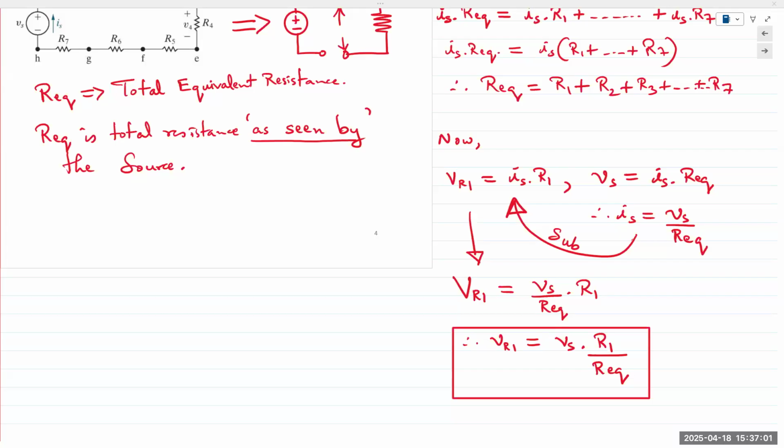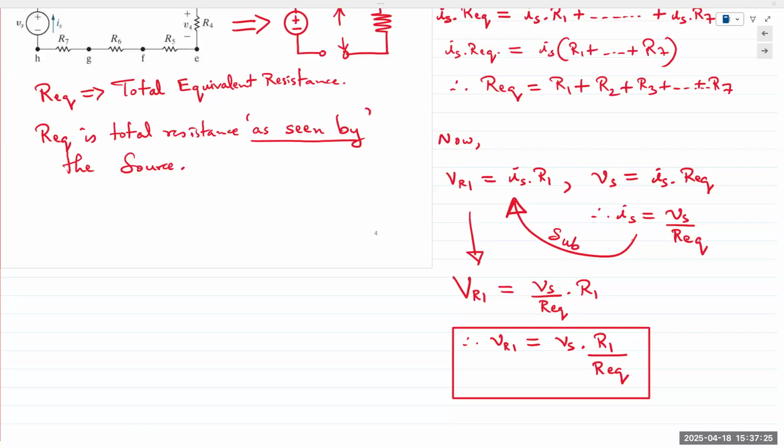Then we can directly apply this voltage division principle and determine the individual resistor voltages without needing to find or calculate IS. And that's the shortcut. VR1 is VS times R1 over Req. We do not need to find the value for IS.